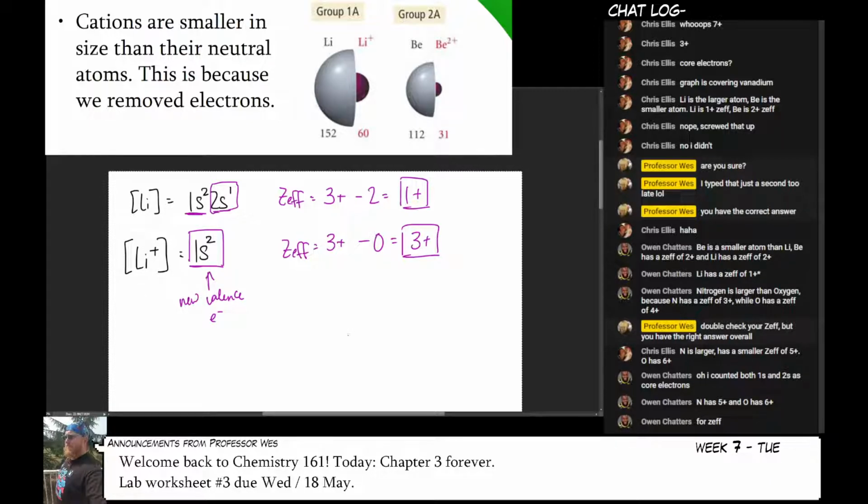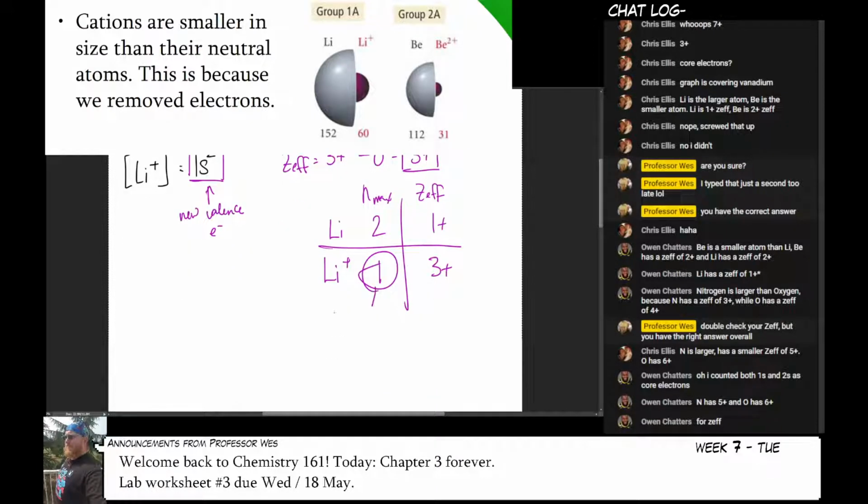Well, there's 2 effects that are actually making this work. So if I do my little chart here, this is lower. So lower N is smaller atom.